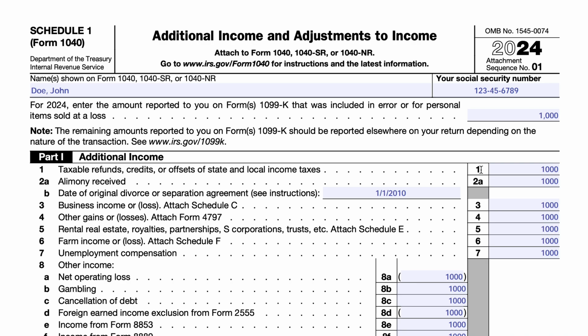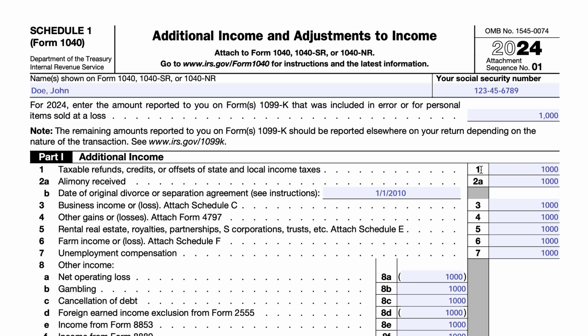In line 2A, for certain marriages where the divorce was finalized on or before December 31st, 2018, alimony that's received is reported as taxable income. If that divorce was finalized on or before December 31st, 2018, the person paying alimony gets to write that off under Part 2.